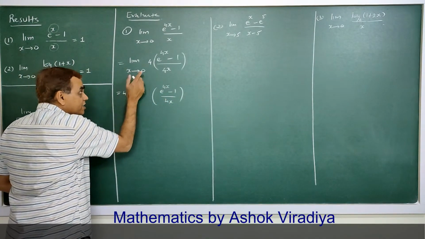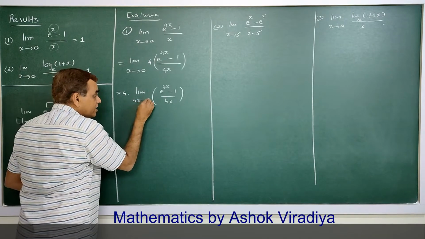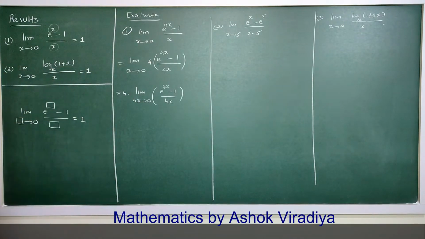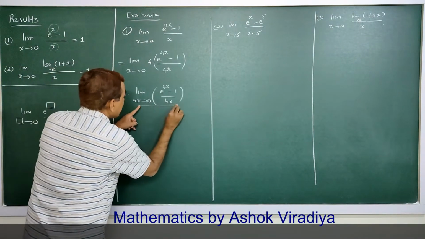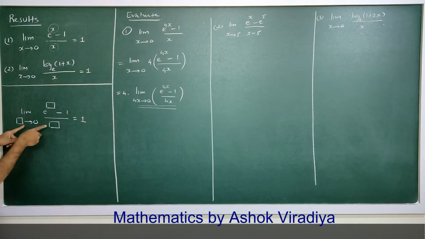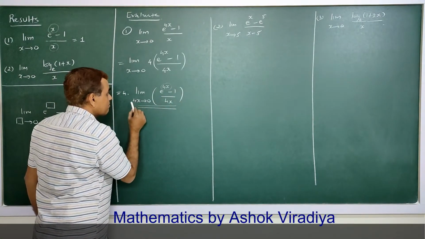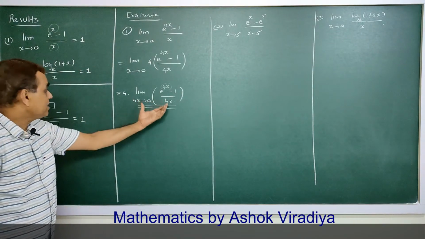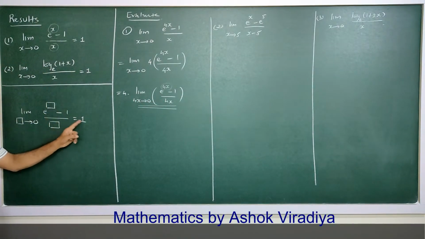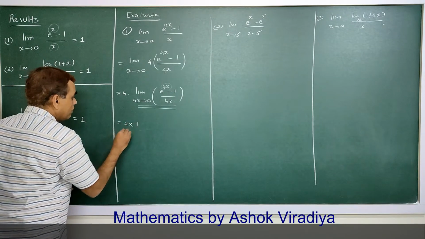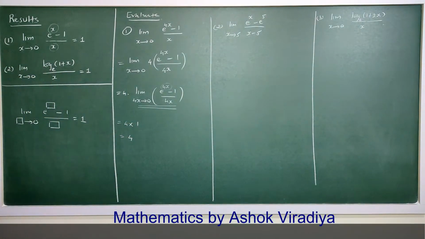Now x tends to 0, so 4x tends to 0. Now compare this expression with this pattern: e raised to box minus 1 upon box, box tends to 0. So this is equal to 1. So 4 into 1, that is 4.